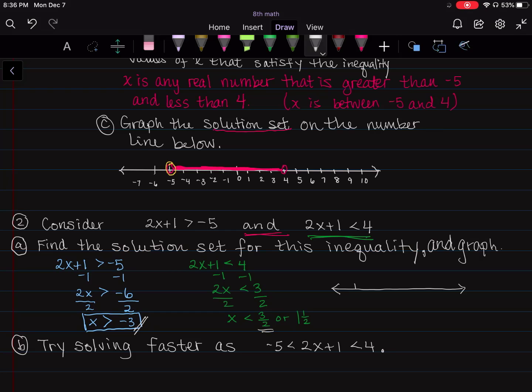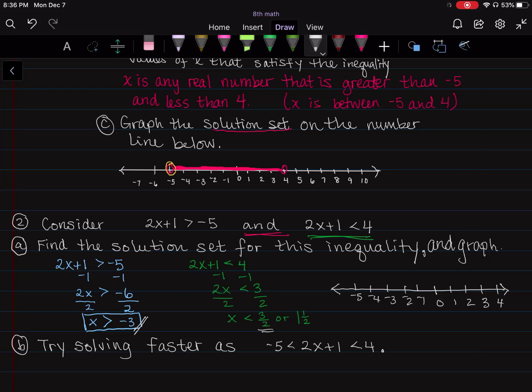So I think I'm going to go from negative 5 up to, didn't leave myself enough room, up to 4. That should be plenty. 0, 1, 2, 3, 4.